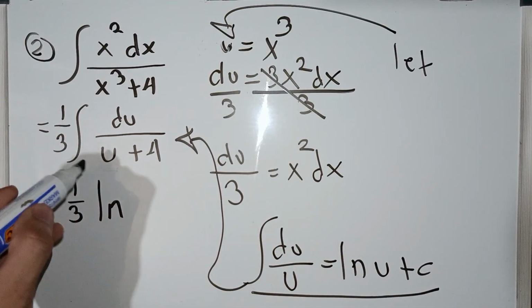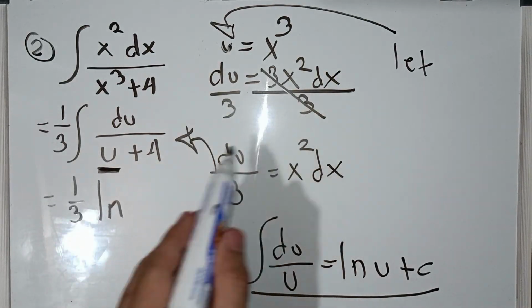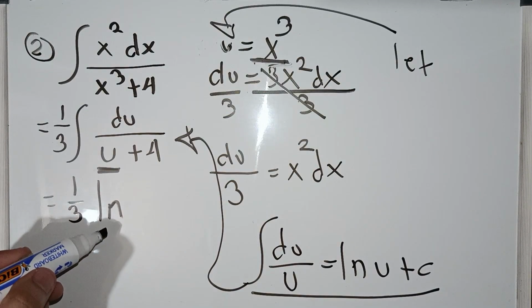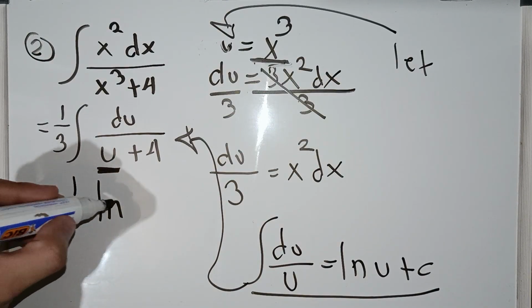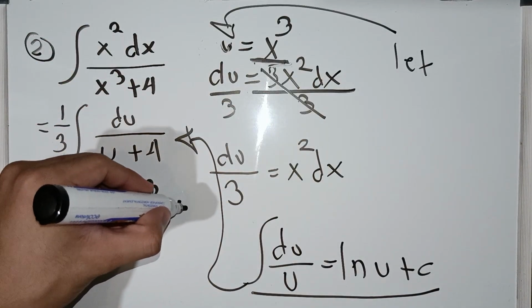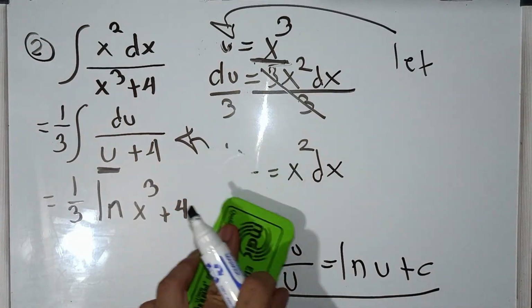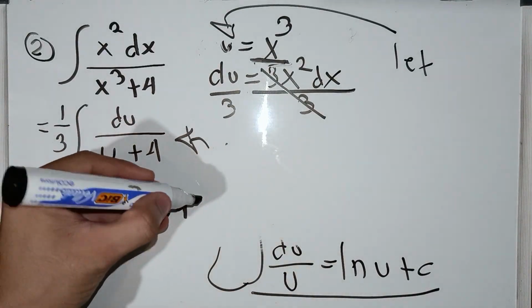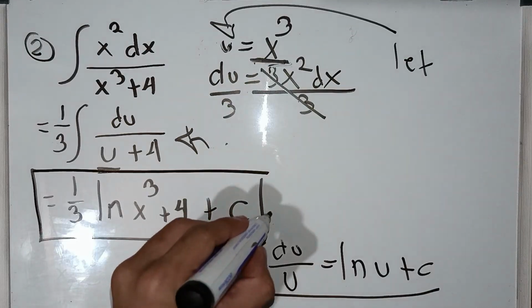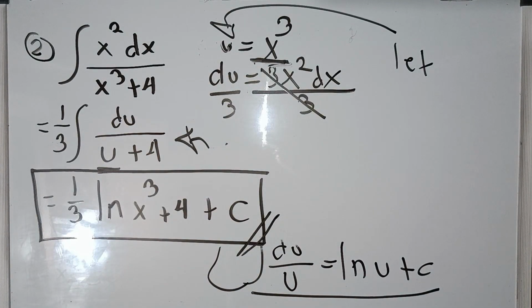Since we have the value of u, which is our x cubed, it will now become 1 over 3 ln x cubed plus 4 plus c. And that is now the answer when we integrate x squared dx all over x cubed plus 4.